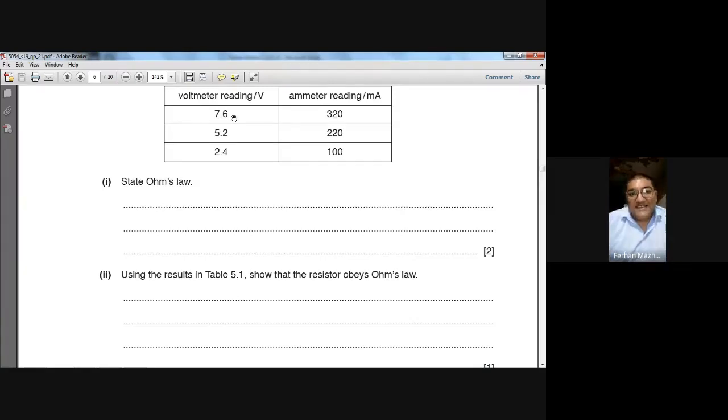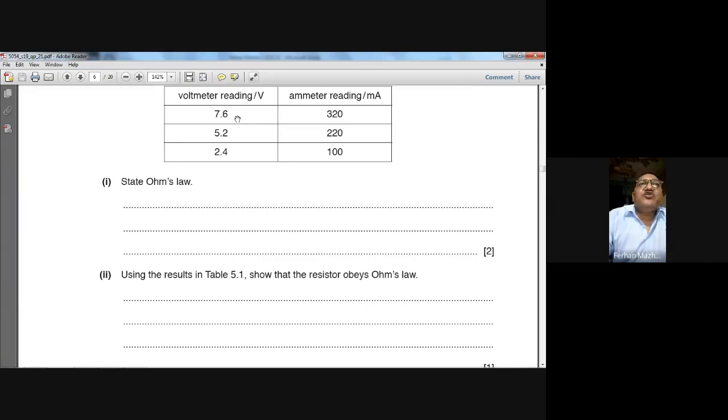If this resistor obeys Ohm's law, and I calculate the resistance for each of these sets of values, the resistance value will be approximately the same. So we can do this calculation. Resistance is equal to V divided by I. So for each value here, do that calculation.